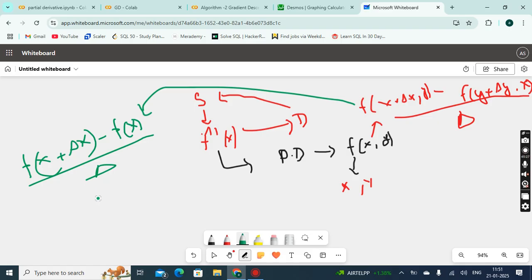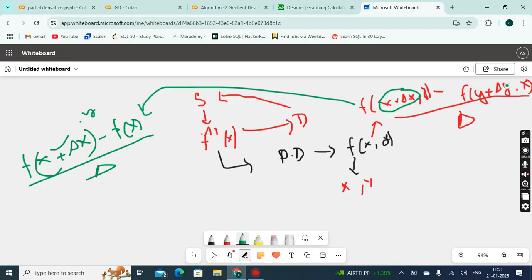If you observe carefully, I have done nothing but taken this part first, f of x plus del x comma y.